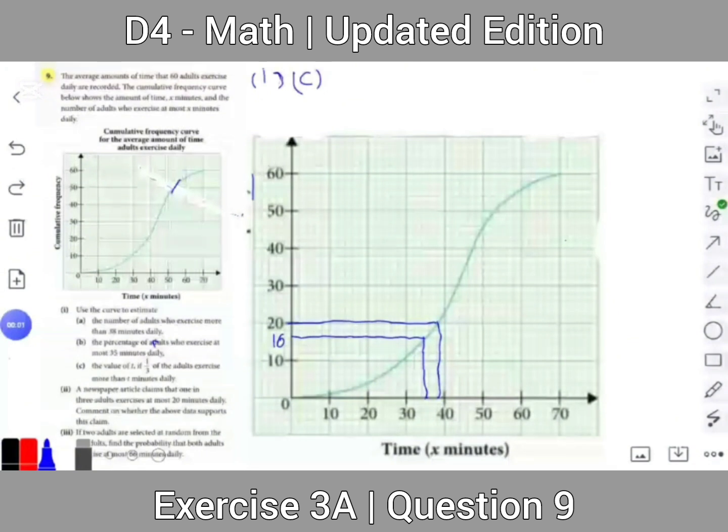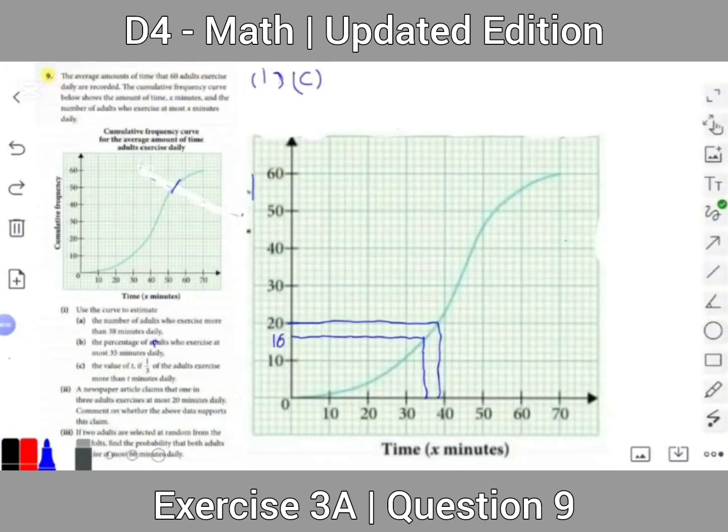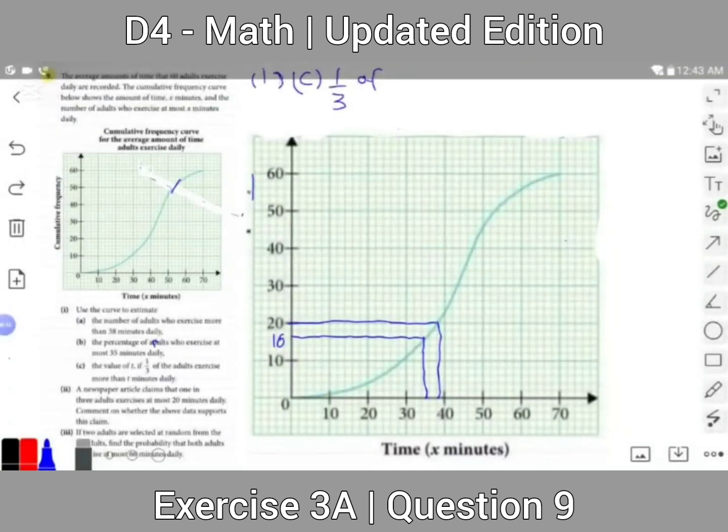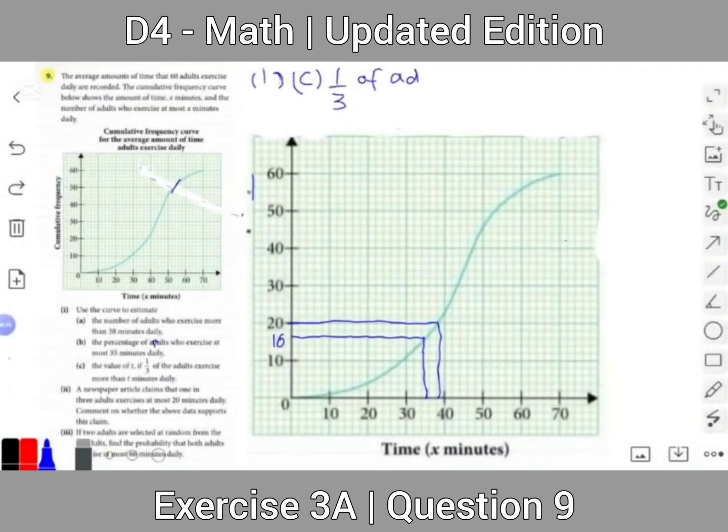Now in part 1c, estimate the value of t if 1 over 3 of adults exercise more than t minutes daily. So 1 over 3 of adults is equal to 1 over 3 multiplied by the total number of adults, which is 60.